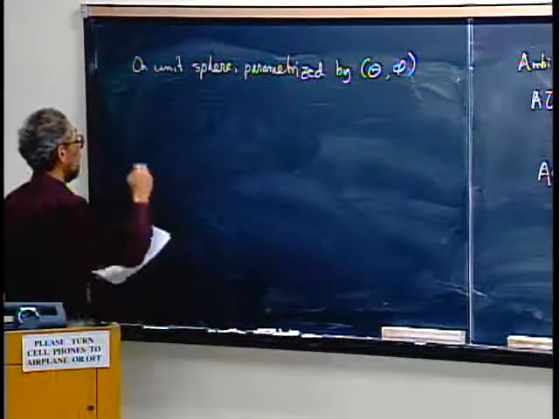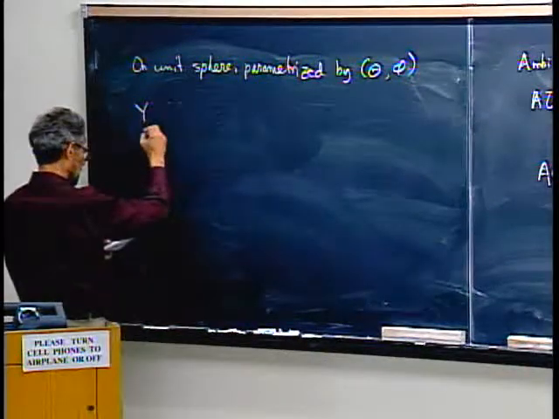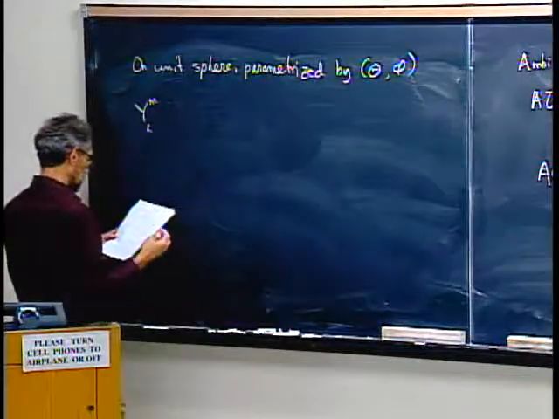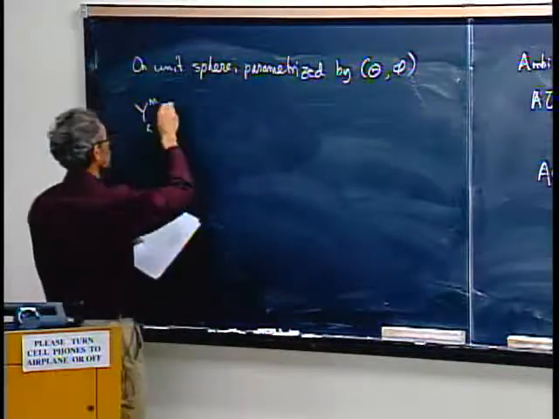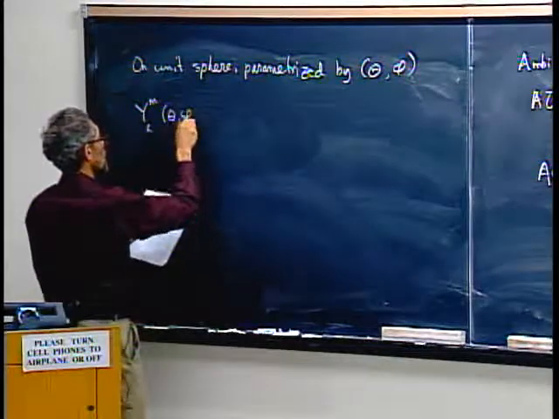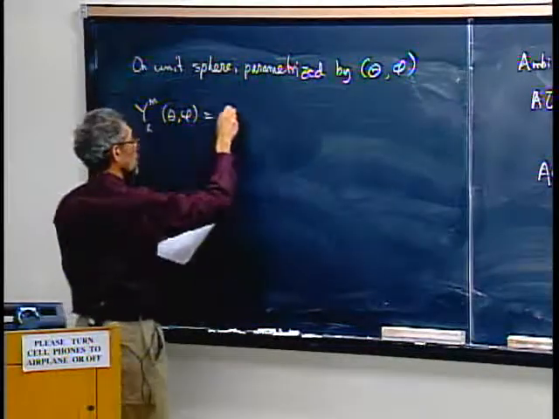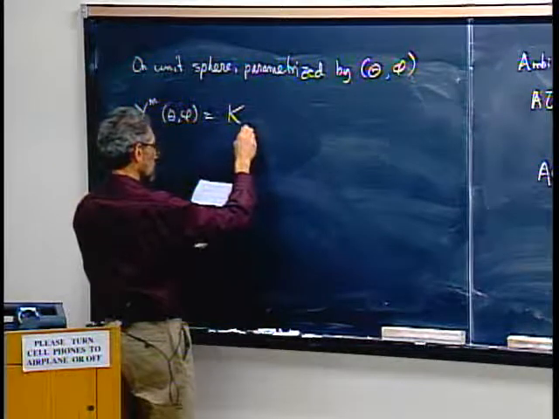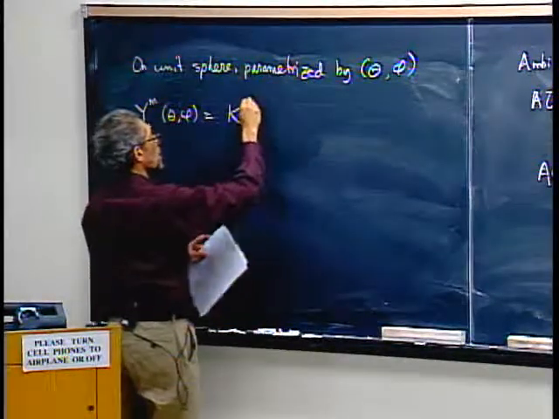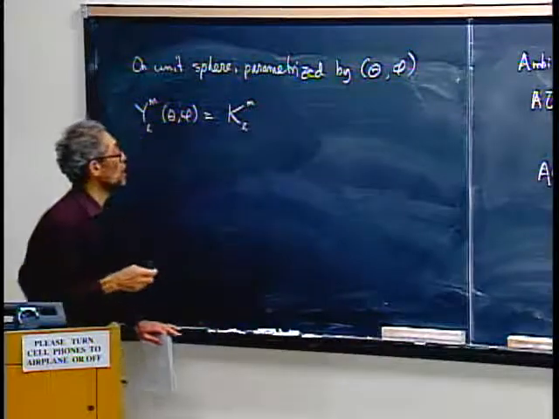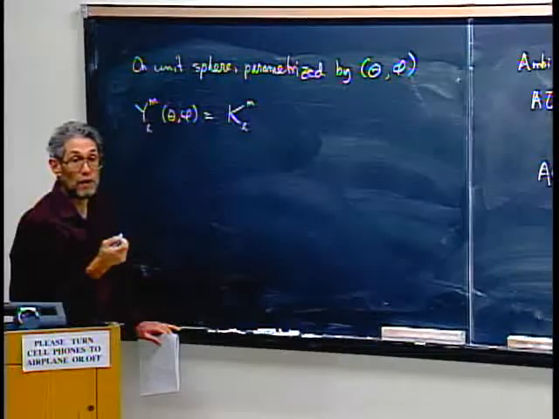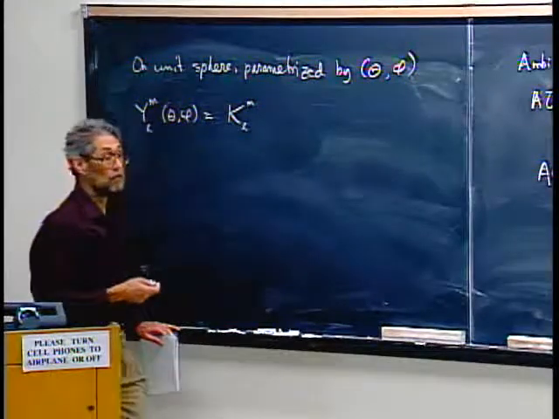And then Y, lowercase l, subscript l, superscript m, of theta and phi is some normalization constant, K l m, which you need to make the square integral of one of these functions with itself add up to 1 instead of some other complicated formula.